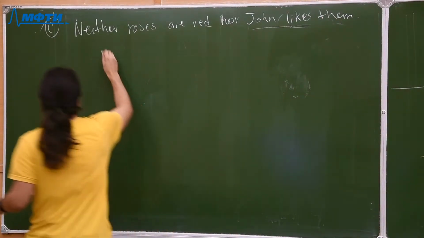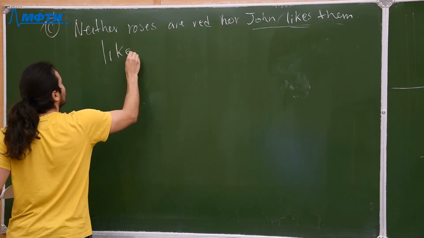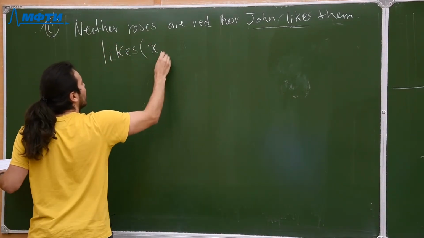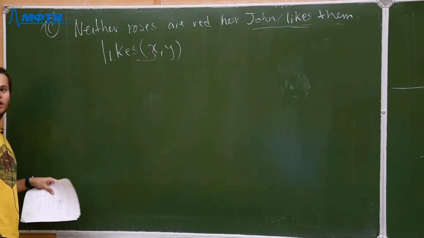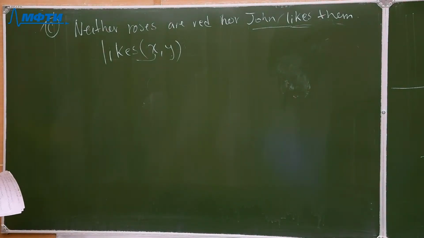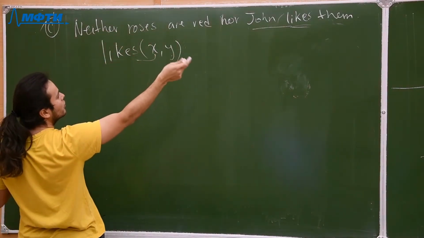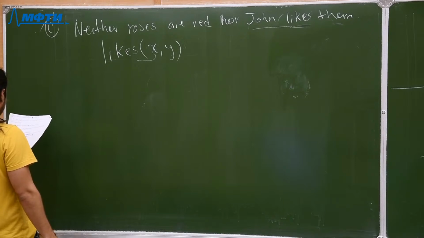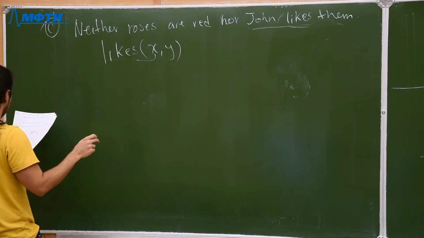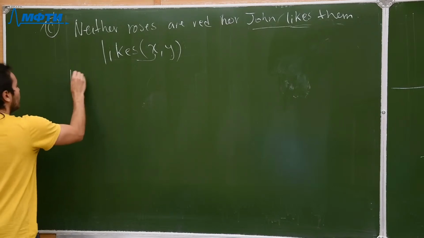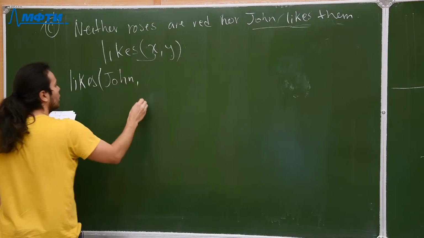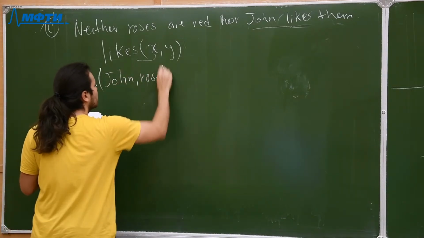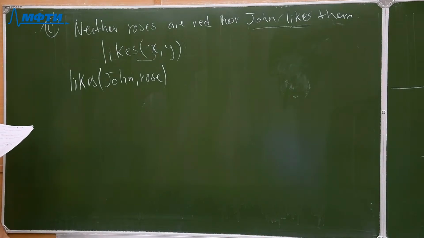We have to write, for example, likes. Here we have x and y, so x likes y. So neither roses are red nor John likes them. Okay, so likes John and Rose.